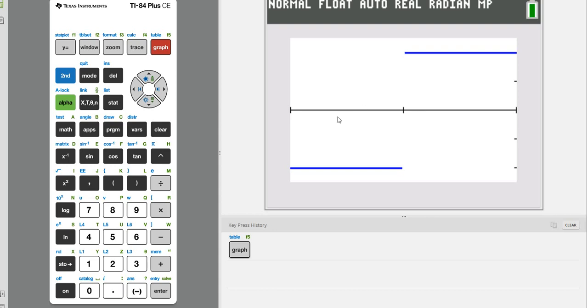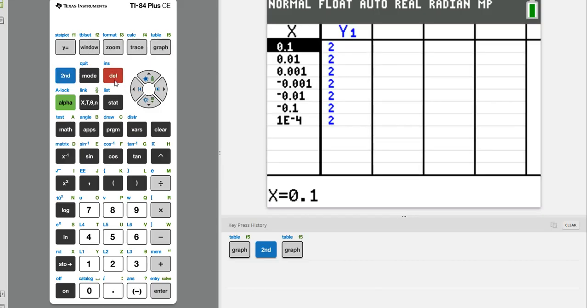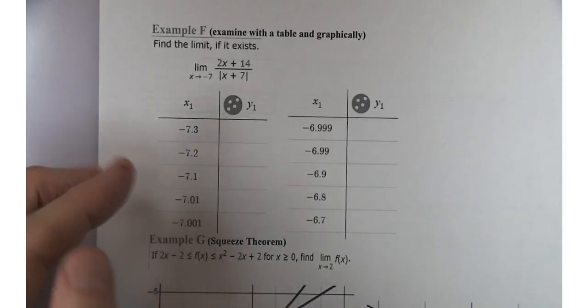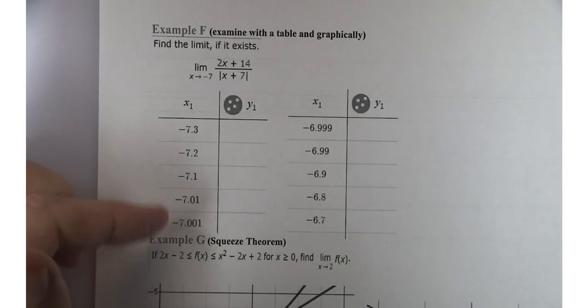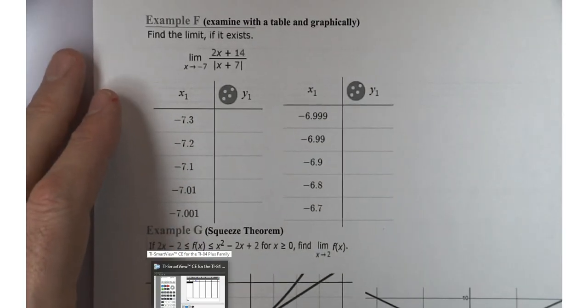Now, if you needed to fill things in with a table, then try to plug in some values that suggest the limit from the left and the limit from the right. I've already got some values plugged in here for you, but I think we're going to end up with pretty repetitive values, so it should be pretty easy.